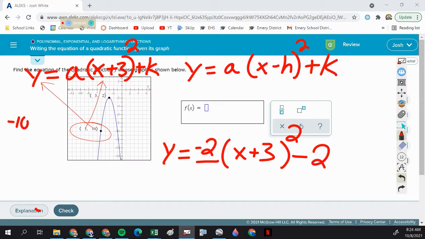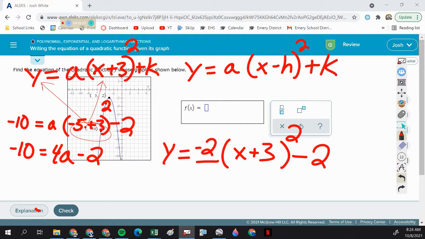So negative 10 is equal to a times negative 5 plus 3 squared minus 2. Negative 5 plus 3 would be negative 2. And what is negative 2 squared? 4. So we get negative 10 equals 4a minus 2.